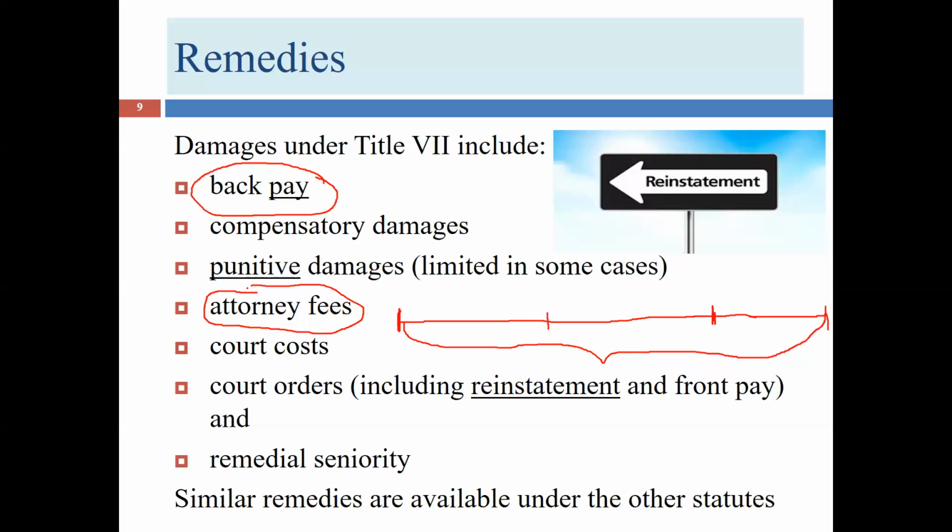When the plaintiff loses, both sides pay their own expenses. So in this scenario, the defendant, the employer, always pays its own legal bills, and depending upon the result, it may or may not have to pay the plaintiff's. It's a kind of combination of the American and the British rule.